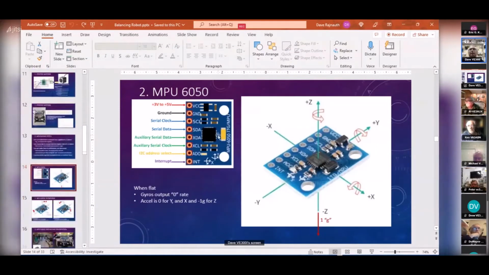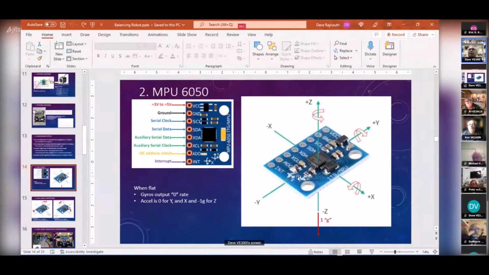So just a little bit about the MPU 6050, the IMU board I use, which has an accelerometer and gyro. The gyro measures rate of rotation around each axis, and the accelerometer measures acceleration along each axis.